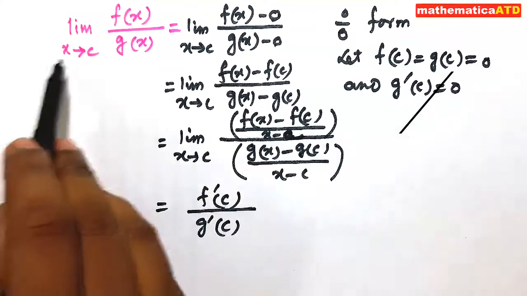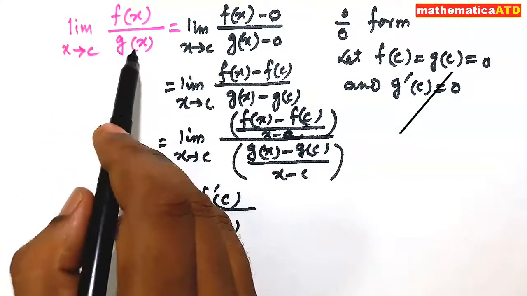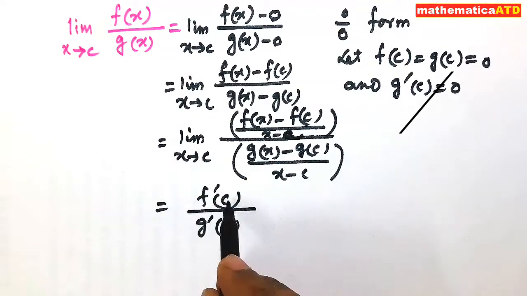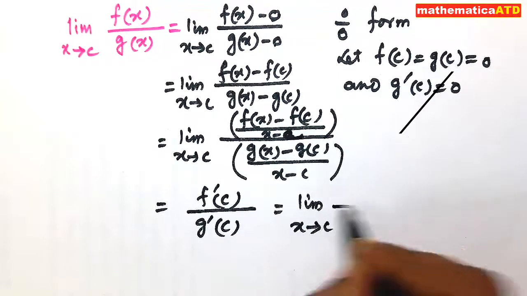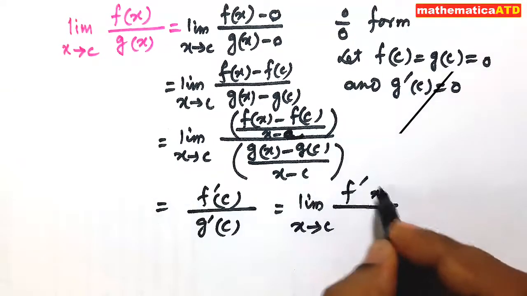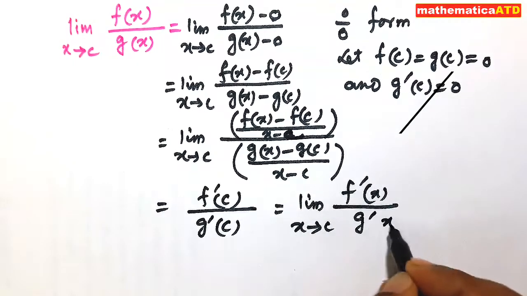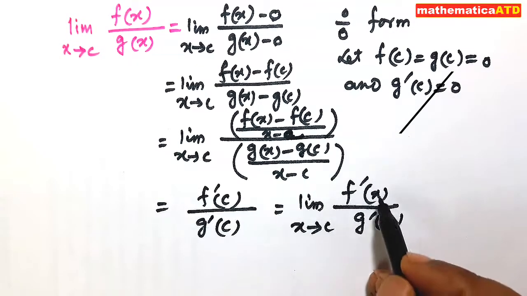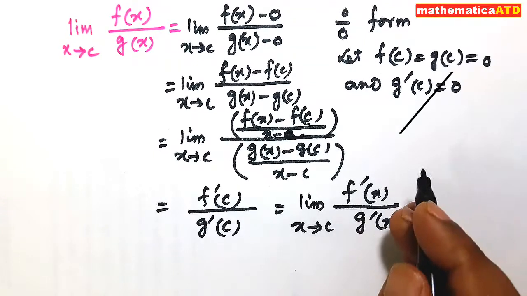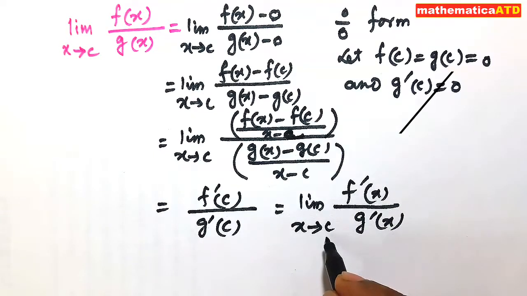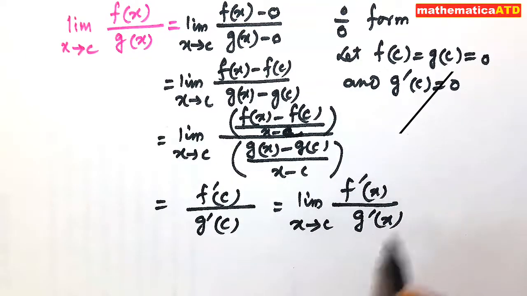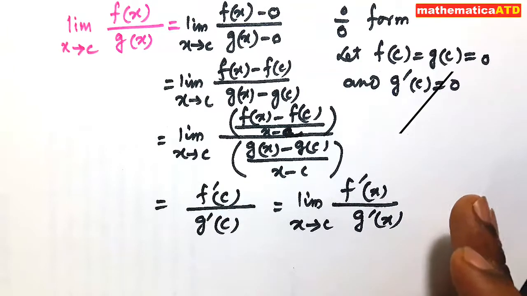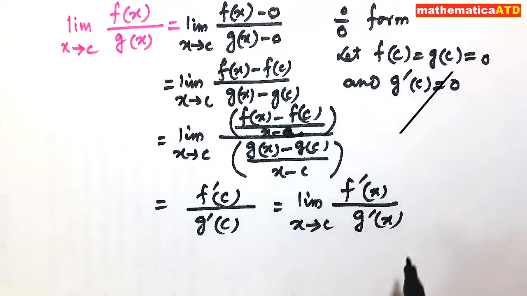So we find limit of f(x) by g(x) is equal to f'(c) divided by g'(c). That means limit as x tends to c of f'(x) divided by g'(x), since f(x) and g(x) are continuously differentiable at x equal to c. The general proof of L'Hospital's rule is given by Cauchy's mean value theorem.